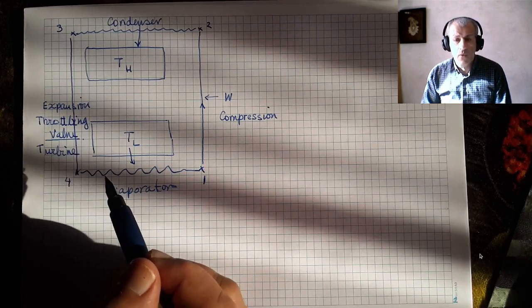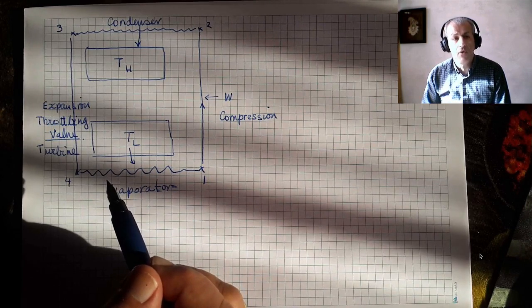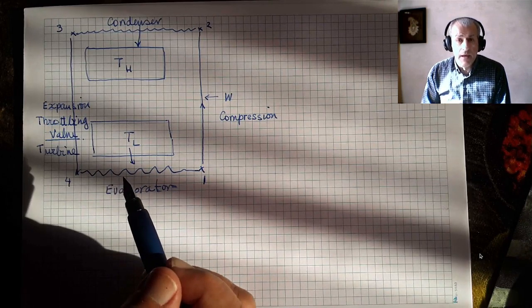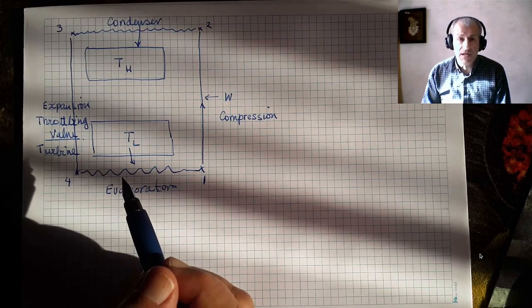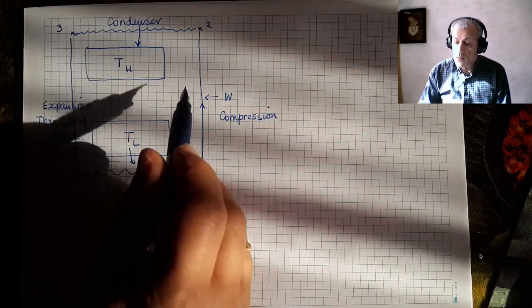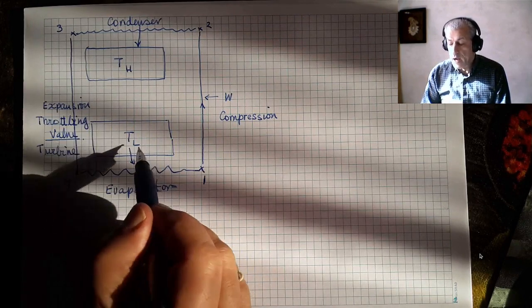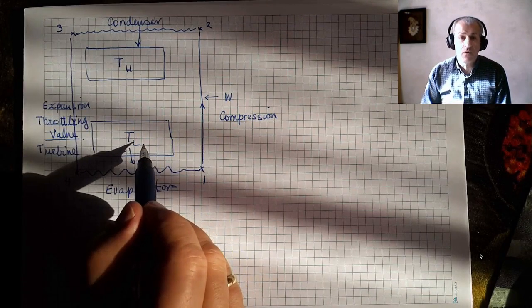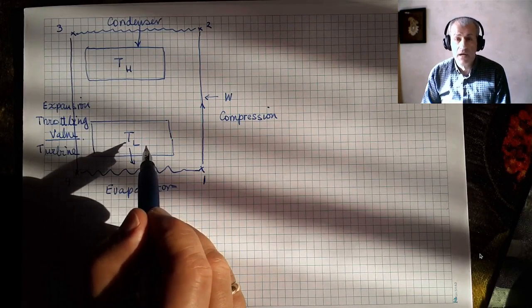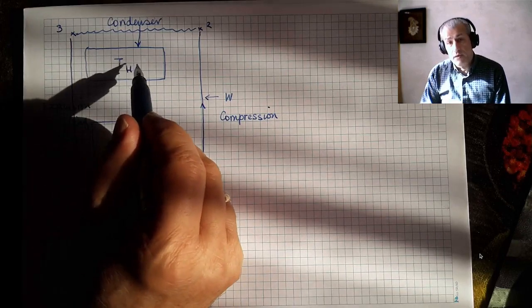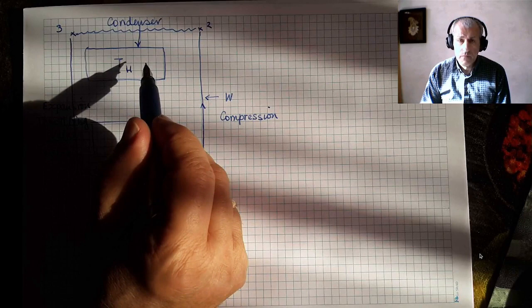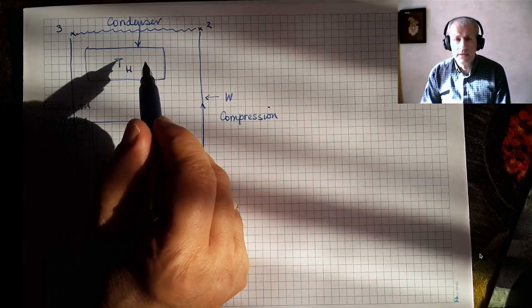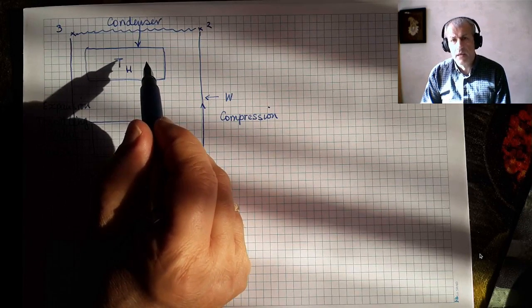So what we have now is a refrigeration cycle. This cycle works, and our low temperature reservoir could be inside the refrigerator, and the high temperature reservoir could be inside the kitchen. Heat pumps also work on the same cycle.